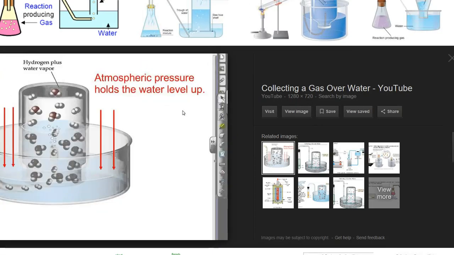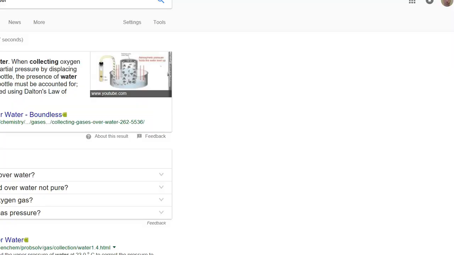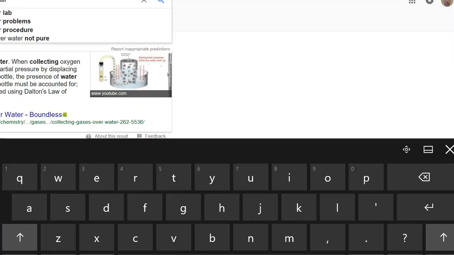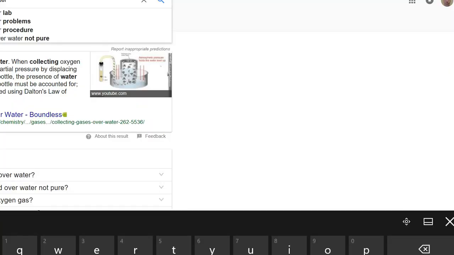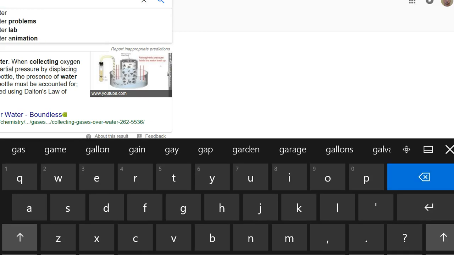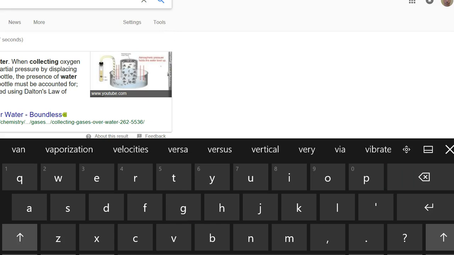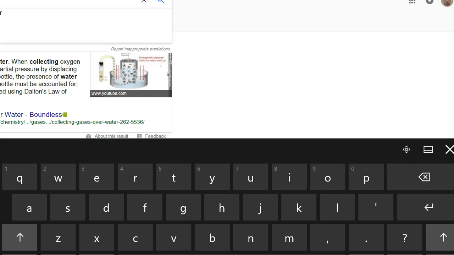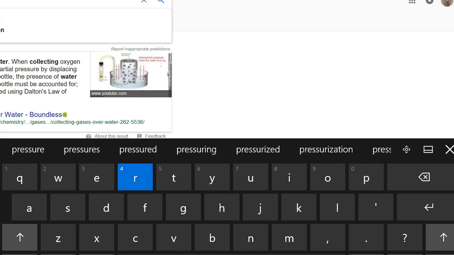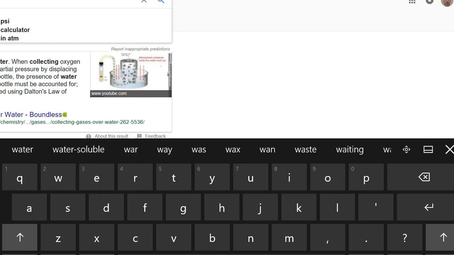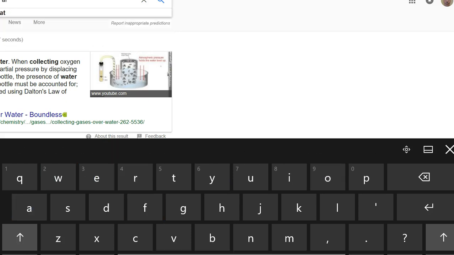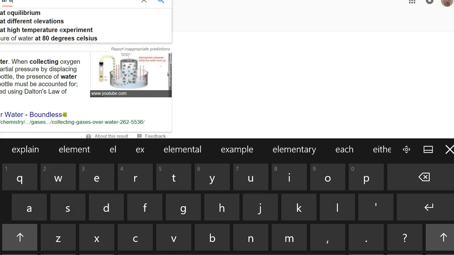So for example, I'm going to go to Google and search for the vapor pressure of water at 35 degrees Celsius.